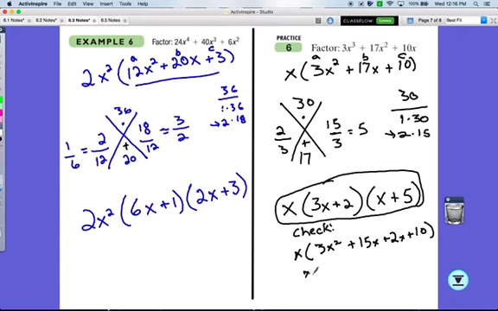If I simplify by combining like terms, that gives me 3x squared plus 17x plus 10. So I'm actually now back to this step right here up top. And if I distribute the x through there, I end up getting 3x to the third plus 17x squared plus 10x, which was what I had originally.